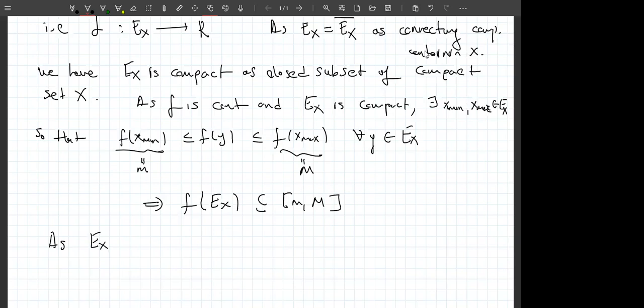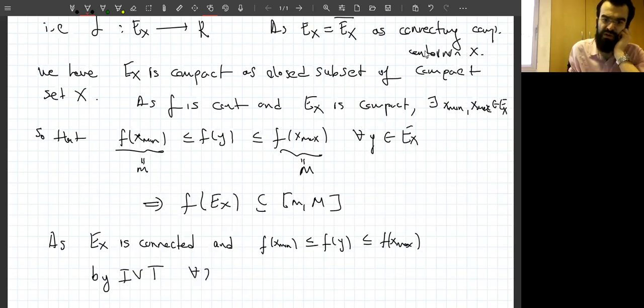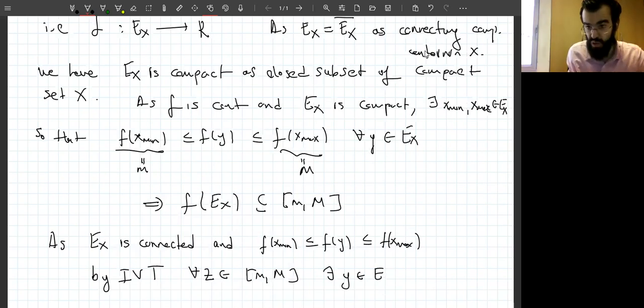As E_x is connected and f(x_min) and f(x_max) are in the image, by the IVT for all z in this interval there exists y in the connected component containing x such that f(y) equals z.